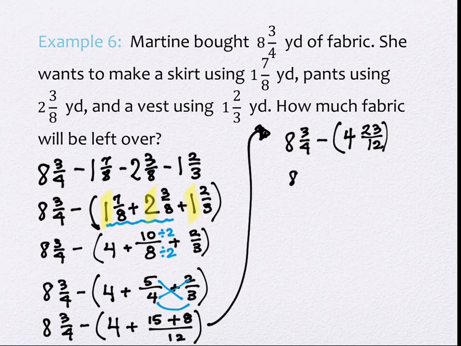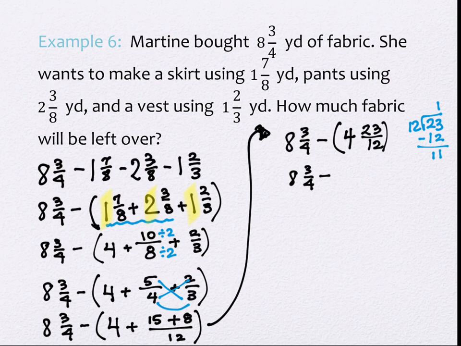So I have my 8 3/4, and I have the 4. Well, I have the 23 over 12. So if you take 23 and divide by 12, how many times will it go in? 1 time. And if I subtract my 12, what's 23 minus 12? 11.